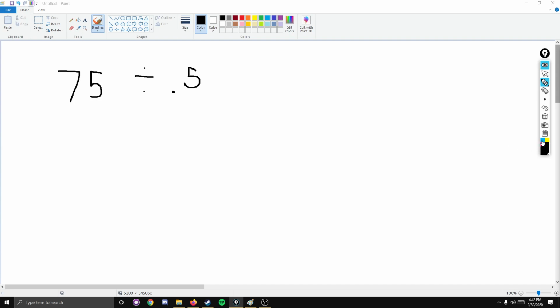Now 75 very clearly has 2 significant digits, while 0.5 only has 1. So our answer can only have 1 significant digit because 1 is smaller than 2.